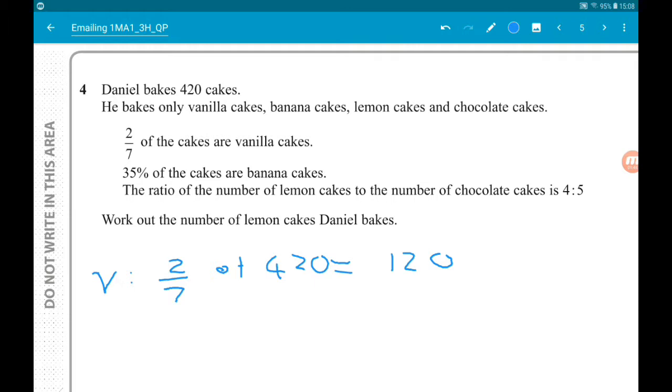Okay, then for the banana cakes, 35% of 420. Now for that, you can do 0.35 times 420, and that gives us 147.